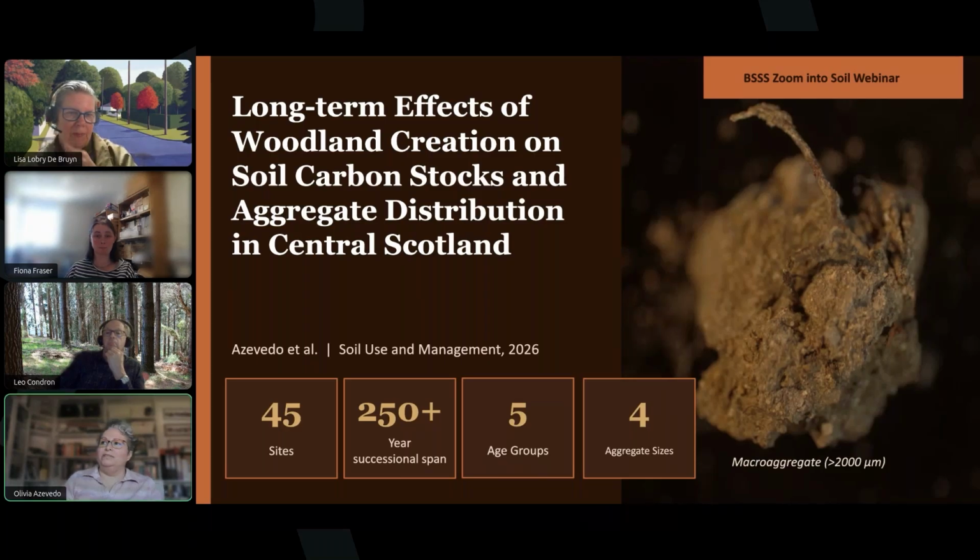You can see on the right-hand side a photograph of one of the macro aggregates we work with. That lumpy structure you see there, just a few millimeters across, is actually doing a huge amount of work in terms of locking carbon away in the soil. But I'll get back to those in a minute. Next, please.